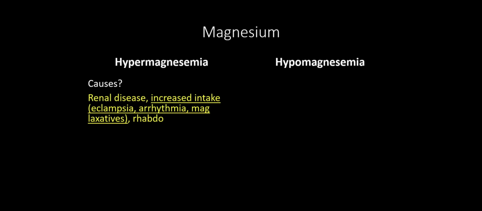So they're going to have increased intake, whether they're in pregnancy, they have eclampsia, and you're going to give them mag sulfate, and you let that thing run, and they get hypermagnesemic. Arrhythmias, where you give magnesium to fix the arrhythmia and then you get hypermagnesemia like we mentioned before, and then magnesium-based laxatives can also cause that if you have enough of them.